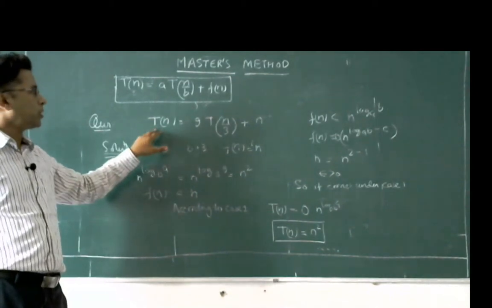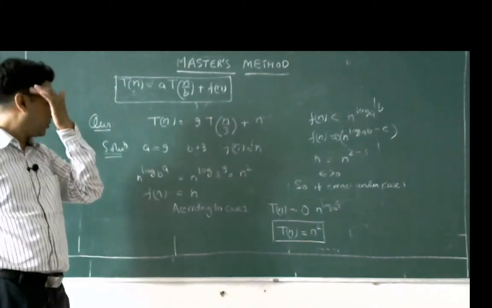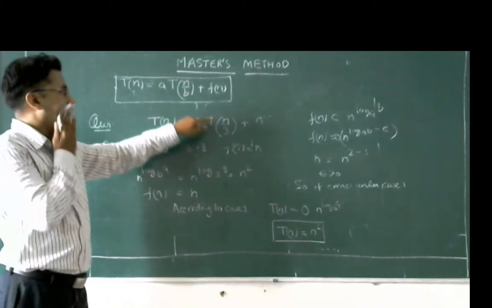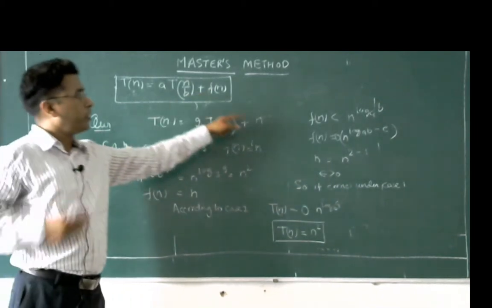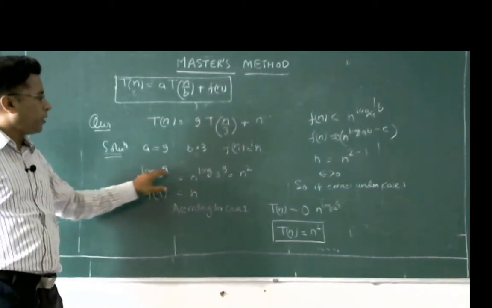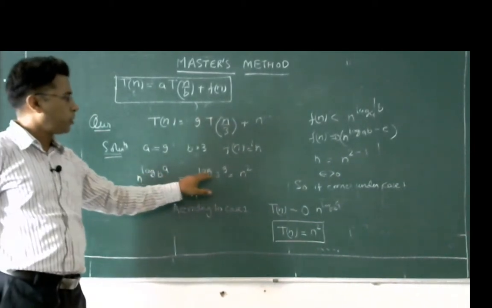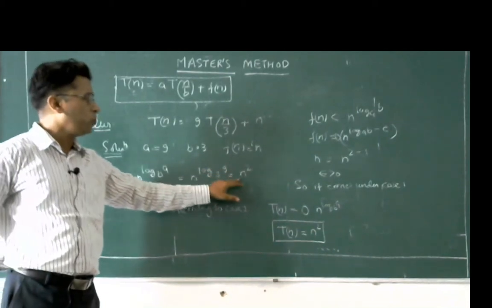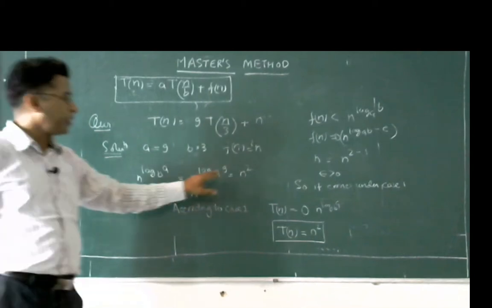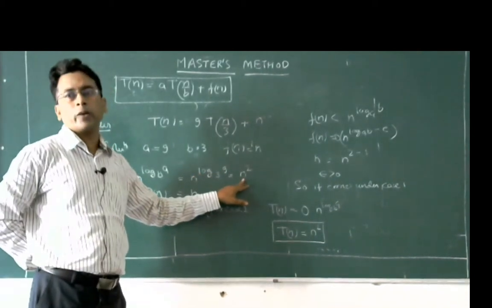Here in case 1, I give you one revision of all this. Here a equals 9, b equals 3, and f(n) equals n. We calculated the value of n raised to the power log a base b. So n raised to the power log 9 base 3 is equal to n squared, and f(n) equals n. Definitely f(n) is less than n squared.